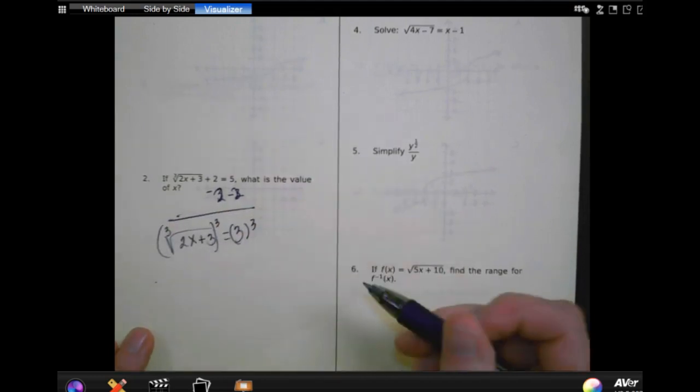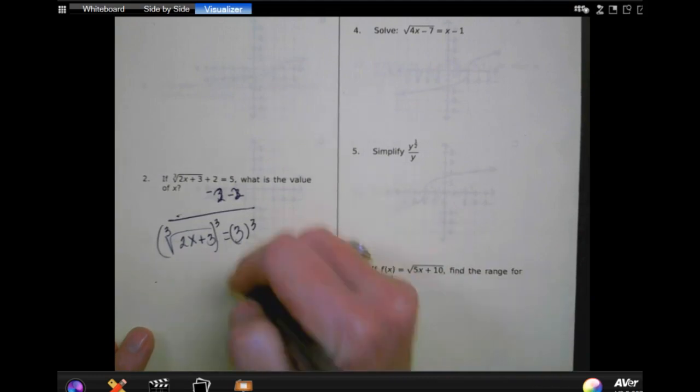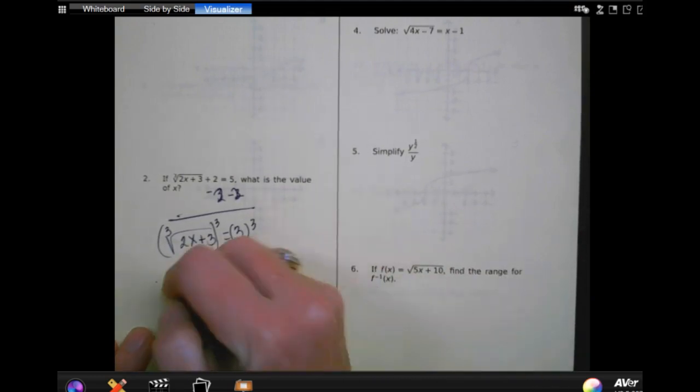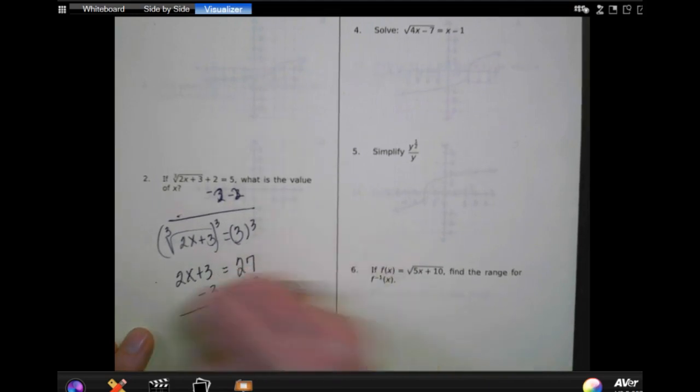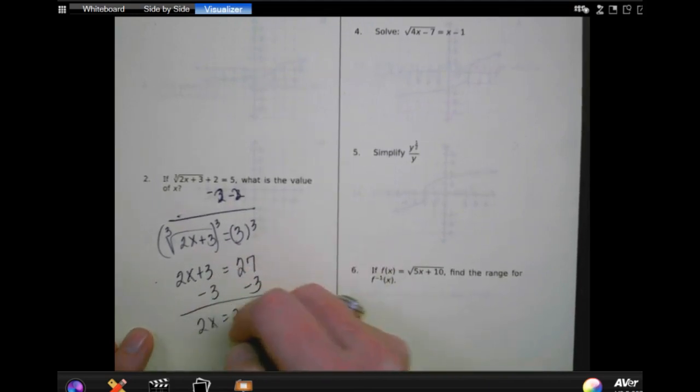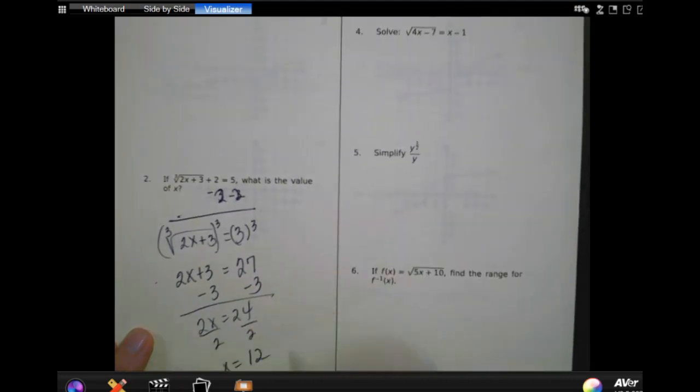So is 3 to the third power 9? It's 27. Then you subtract the 3. So x is 12. Okay, how many of you got that? We're good there? Yes? All right.